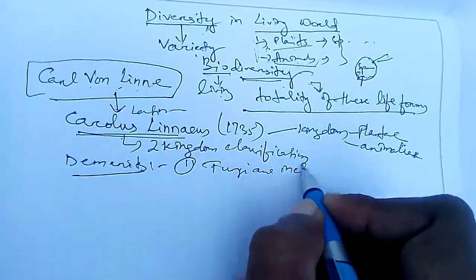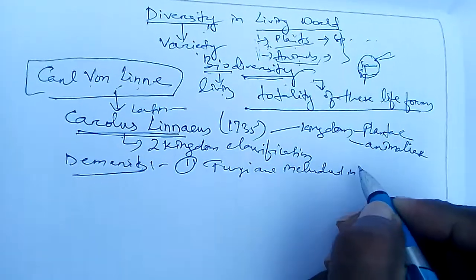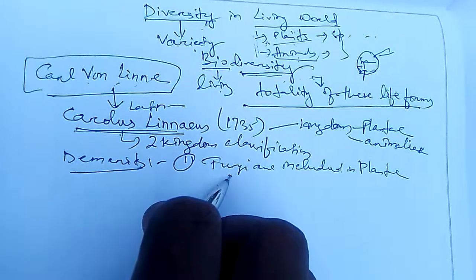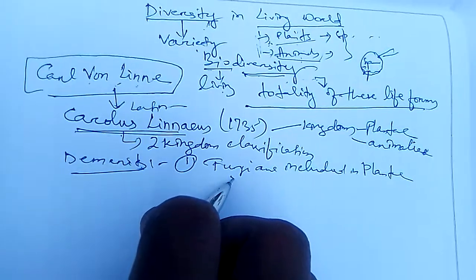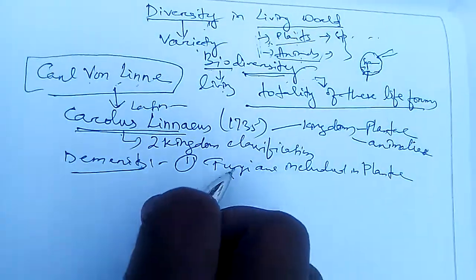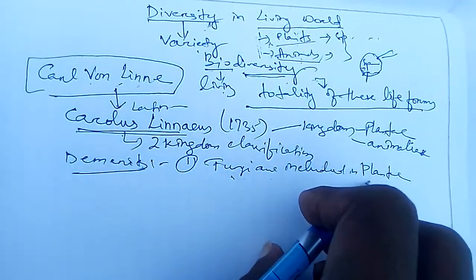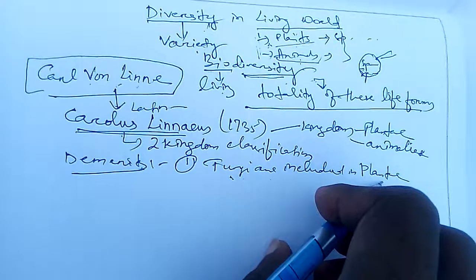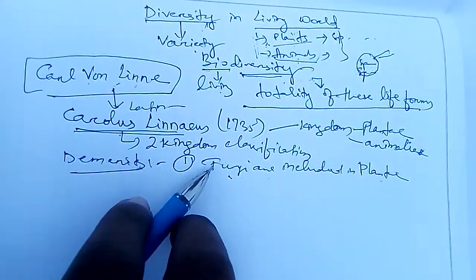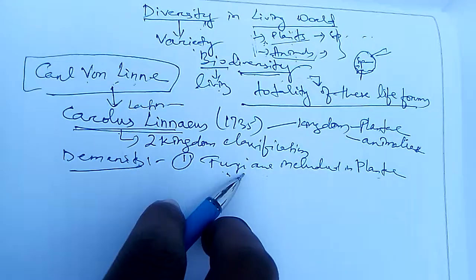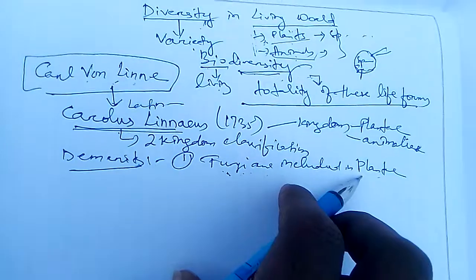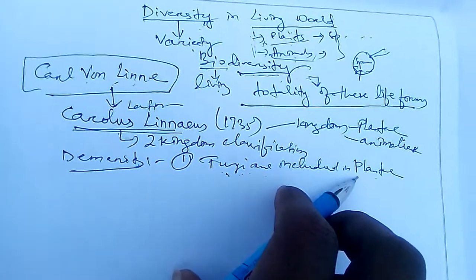We know fungi are achlorophyllous, that means they do not have chlorophyll and do not synthesize their own food, but still they are included in the kingdom Plantae, where all members synthesize their own food because they have chlorophyll.